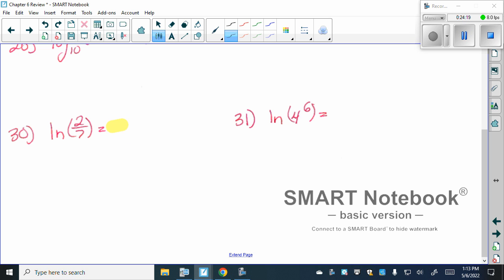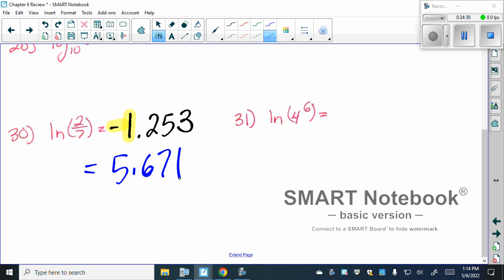So negative 1.253. If you put 252, I would take it as well. I'll take either one. As long as you don't give me an answer like 5.671, because I'm going to mark it wrong.